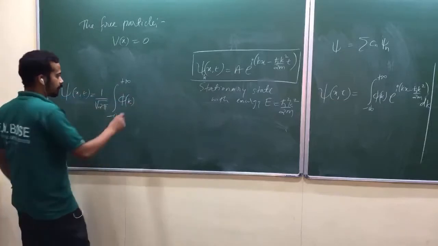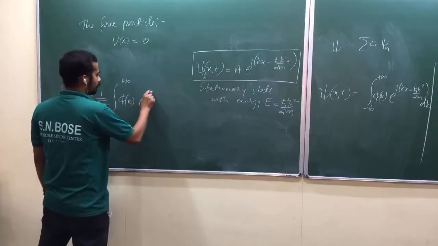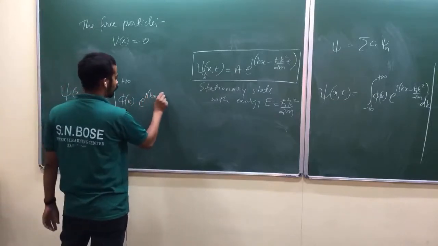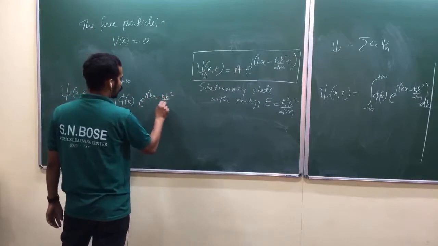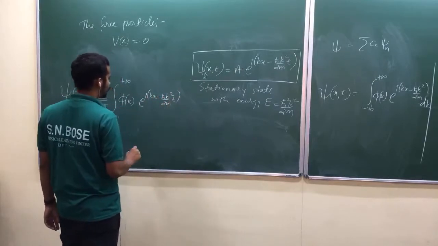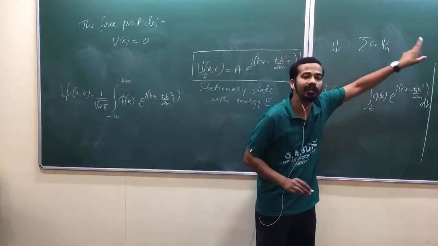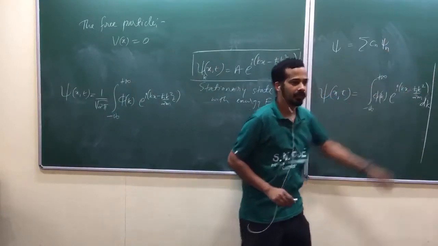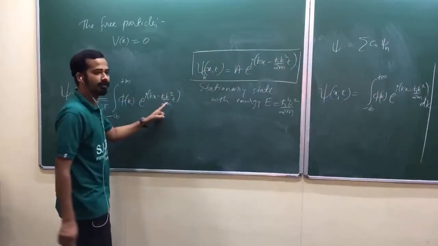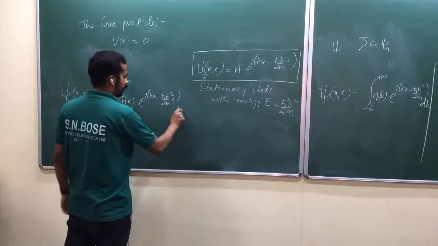What is psi k x comma t? E power i kx minus h bar k square by 2m into t. Summation with respect to different n, different energy. Here integration should be with respect to different k, dk.